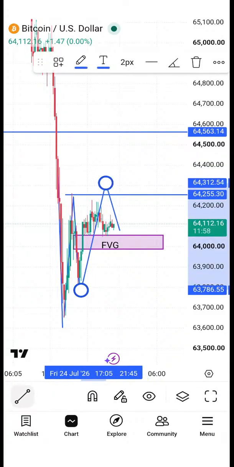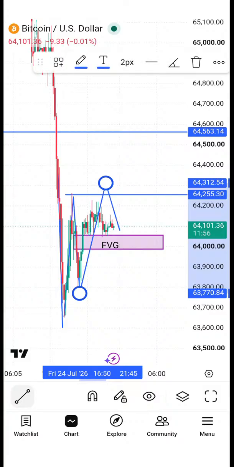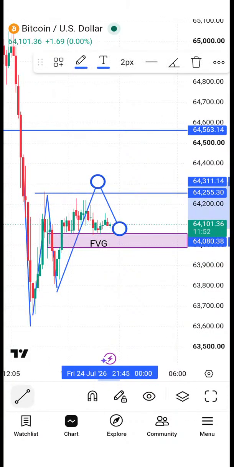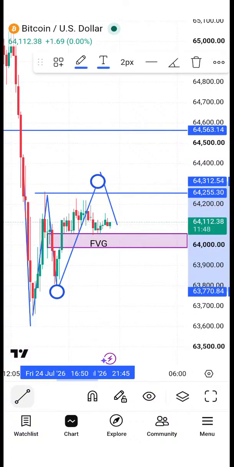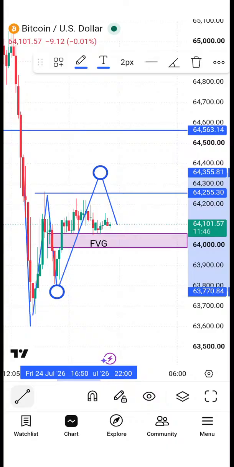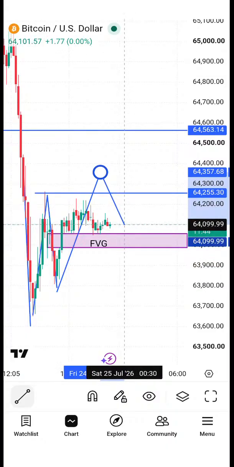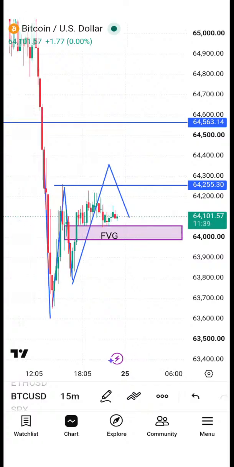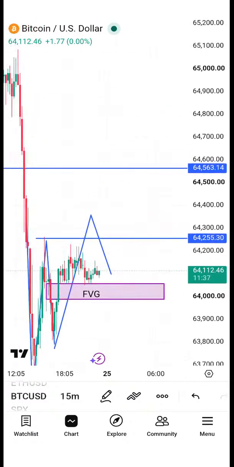So up until I see something like this, I won't take any buy. I want to see something like this before I take a buy.